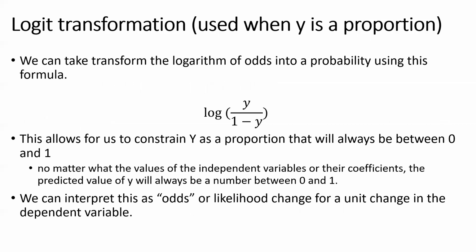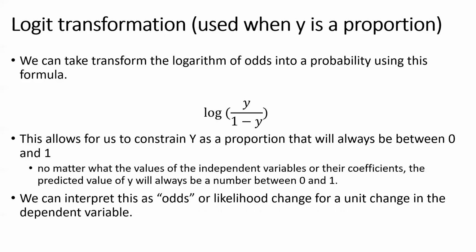Logit transformation is used when we have Y, our dependent variable, as a proportion. So we can transform the logarithm of odds into a probability by using the formula that Allison shares on page 155. Suppose that you have a sample of US cities and the proportion of registered voters who actually voted in the last presidential election.